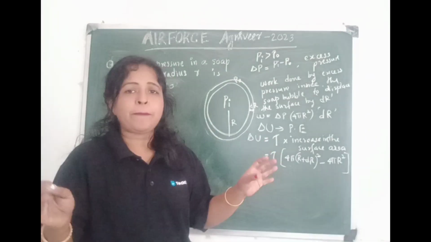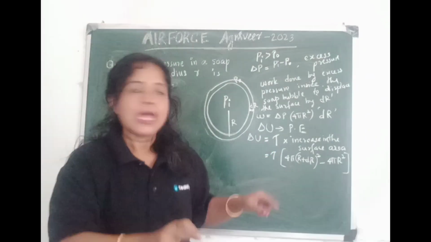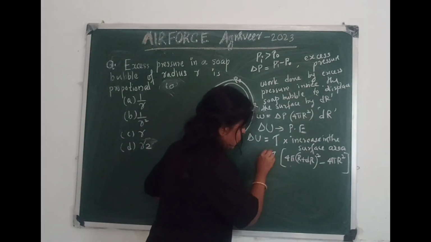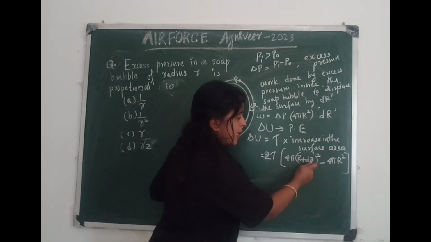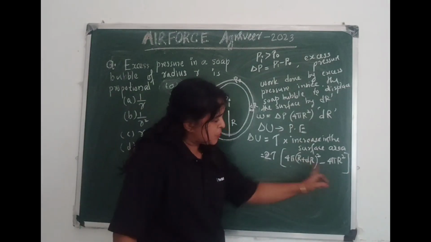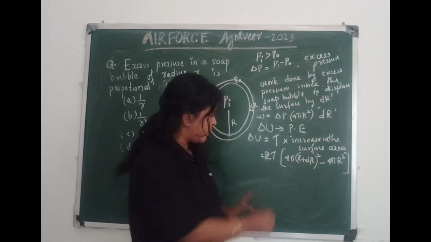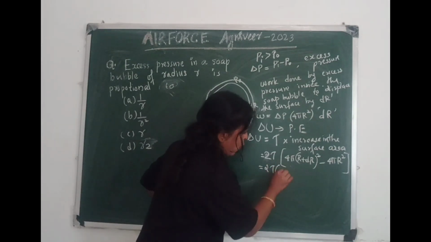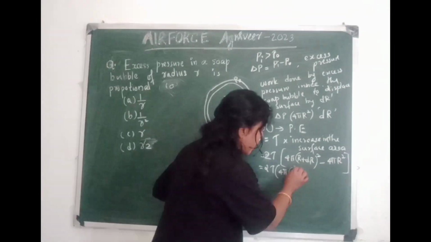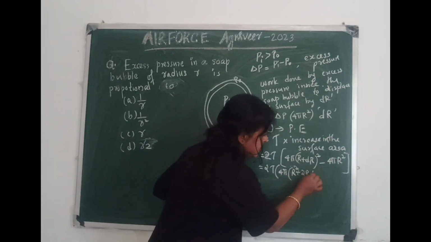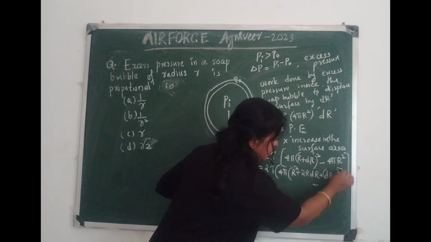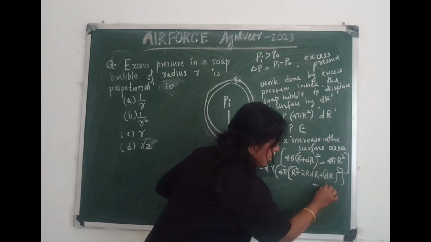But we have to multiply by a constant, 2, because it has two surfaces. Therefore, 2T into 4 pi (r plus dr) whole square minus 4 pi r square. Then we expand the bracket using the formula (a plus b) whole square: r square plus 2r dr plus dr square, minus 4 pi r square.